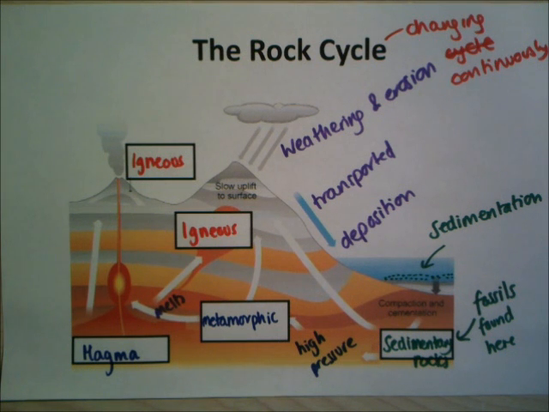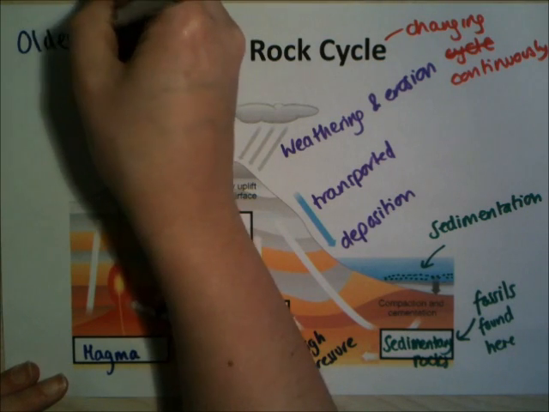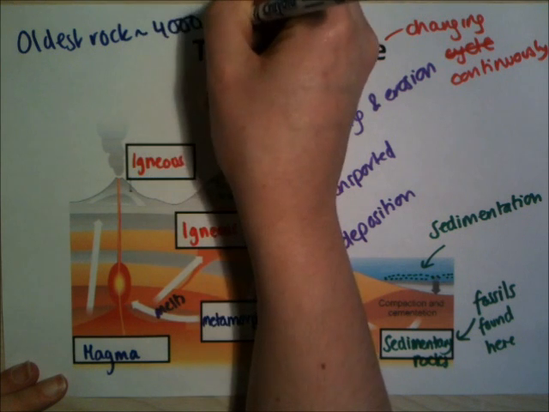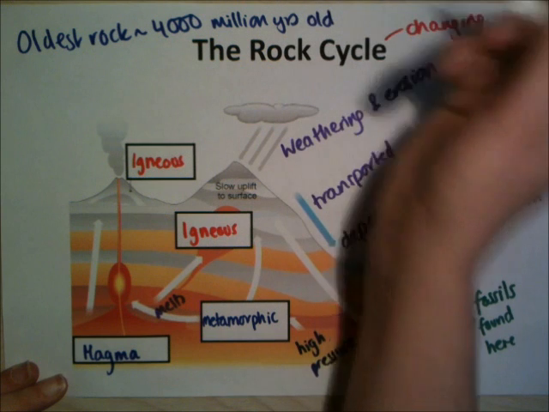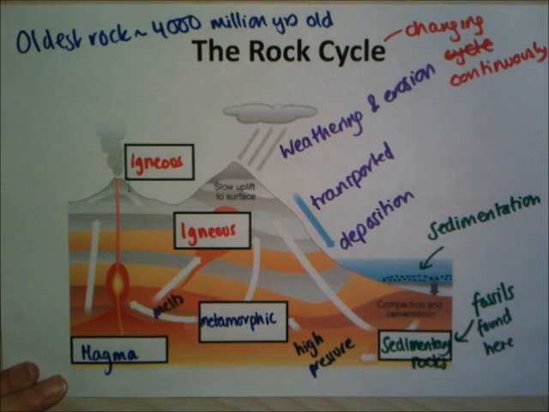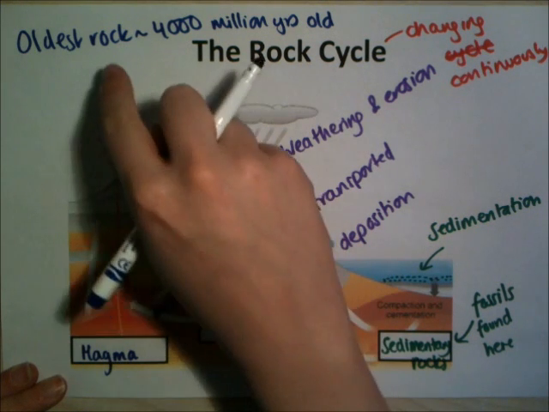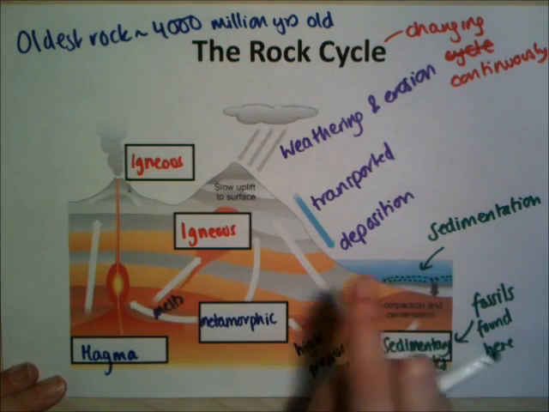Now, the oldest rock we have found in Earth is approximately 4,000 million years old. Now that means that if the rock cycle has always been happening, which we're pretty sure it has, then the oldest rock wasn't the first rock, there's probably been lots of different rocks before then.